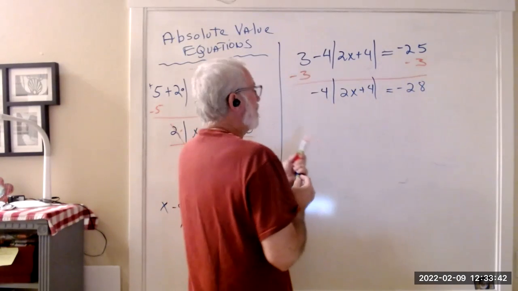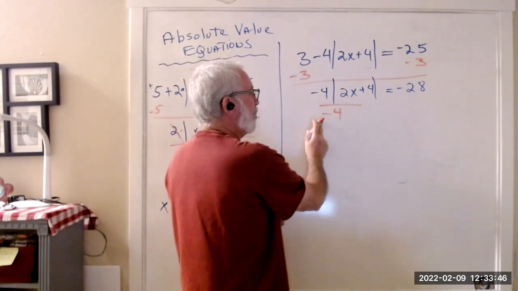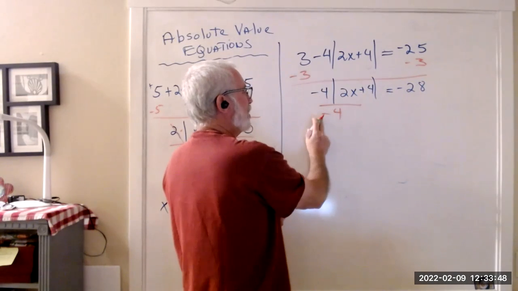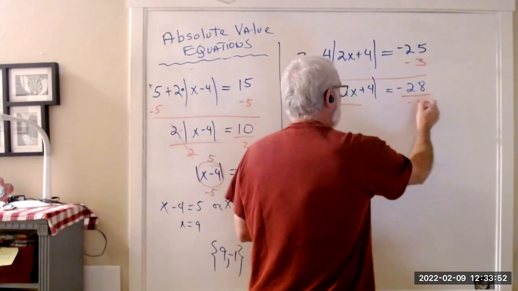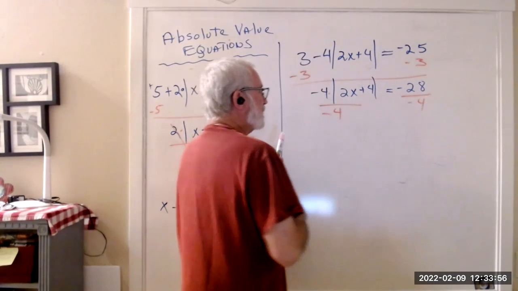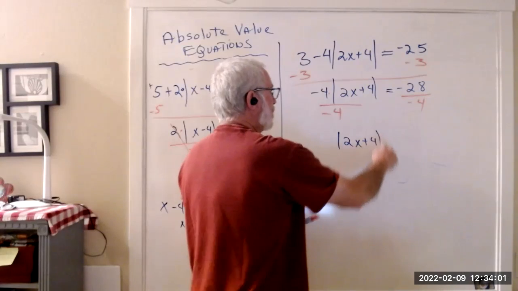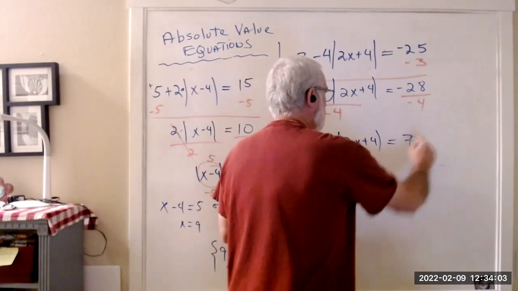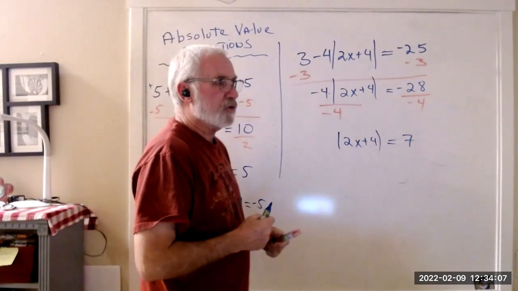Then we're going to divide by -4 here to get rid of the -4, and we're going to divide by -4 here to keep it balanced. So that's going to give us the absolute value of 2x plus 4 equals 7. Any questions to this point?